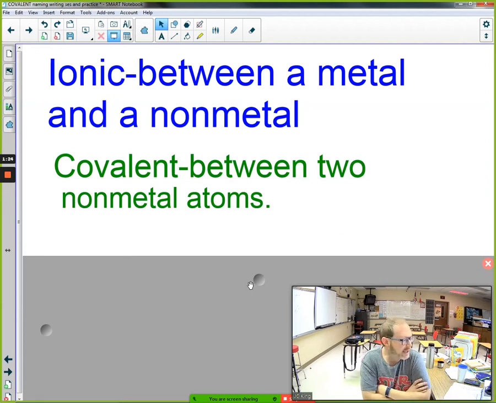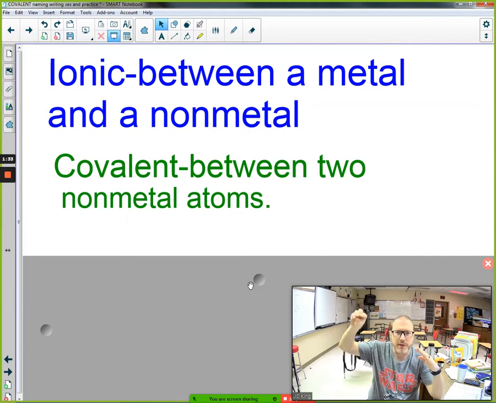So you're looking at anything on your periodic table that is over on this side of the stairs, and also hydrogen, who likes to hide up here, and we forget that he's a nonmetal too.